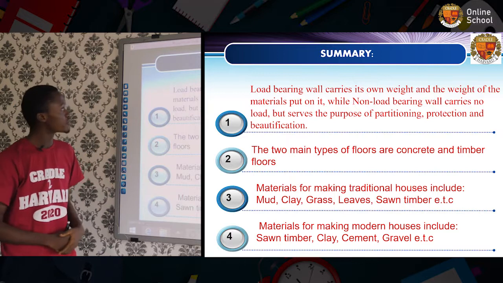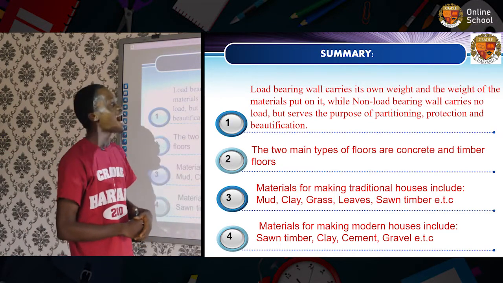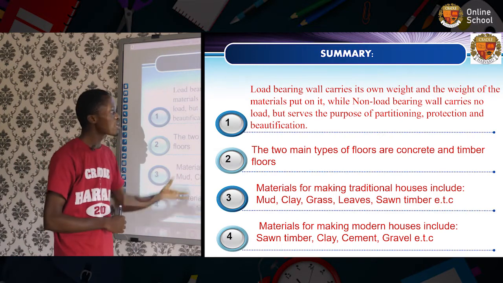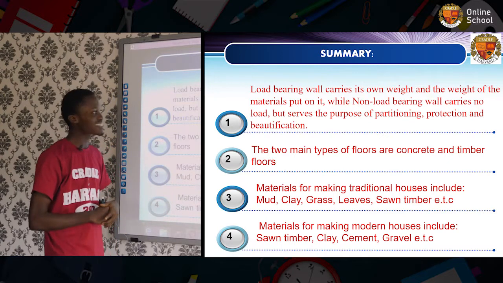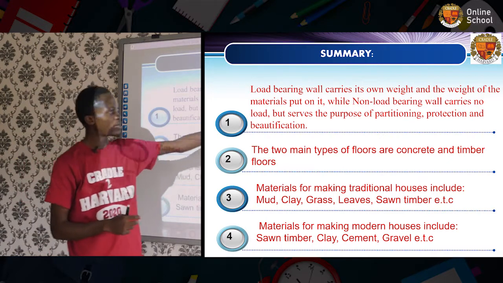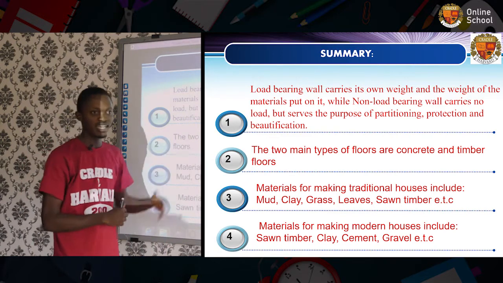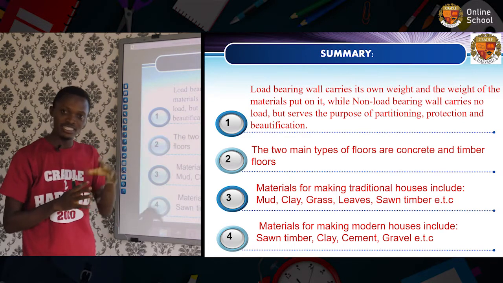In summary, load-bearing walls carry their own weight and the weight of the materials on them, while non-load-bearing walls carry no load but serve the purpose of partitioning, protection, and beautification. That's why I told you that they do not have any load resting on them.